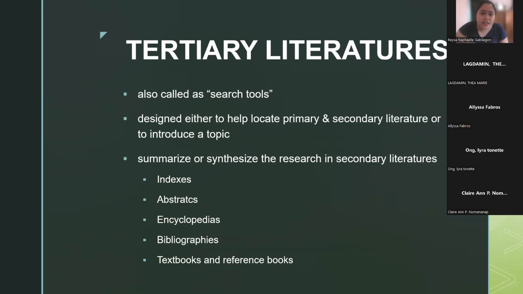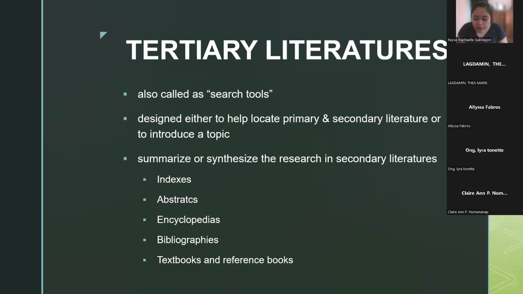And most of them again are just search tools, parehas ng bibliography, yung mga indexes natin and abstracts, pagbabasahin natin sila, parang compilation lang din ng lahat, sinagol na primary and secondary literatures. Our encyclopedias are doing that also.